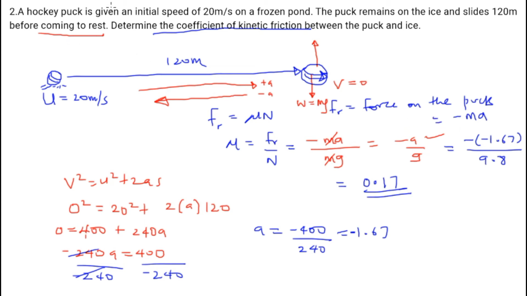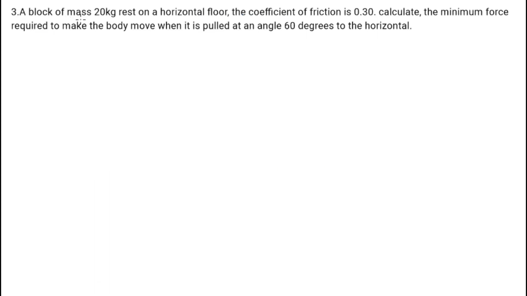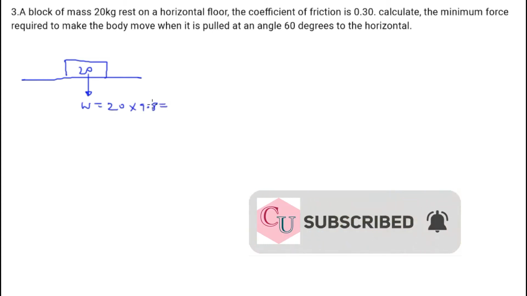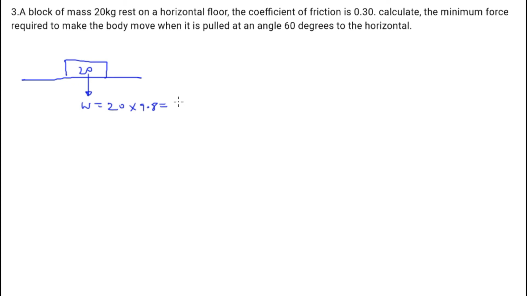Let's solve the next problem. A block of mass 20 kg rests on a horizontal floor. So let's have that right here. Its mass is 20 kg. That means its weight, which is mass times acceleration due to gravity, is 20 multiplied by 9.8, that's 196 Newton.